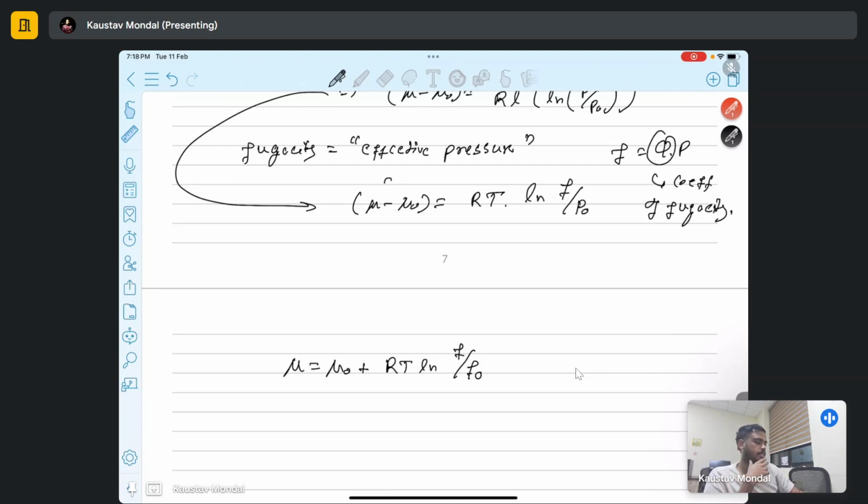F0 basically is the standard fugacity. Let's suppose it's 1 atm or something like that, like in the NTP case, which would be constant for a fixed substance. If you don't change the substance, F0 will remain the same. So this basically is a constant. So what is the information given?